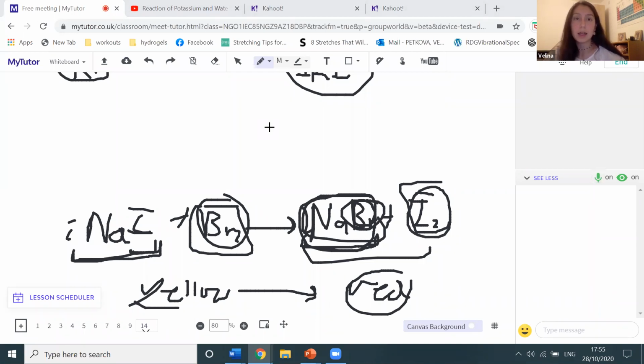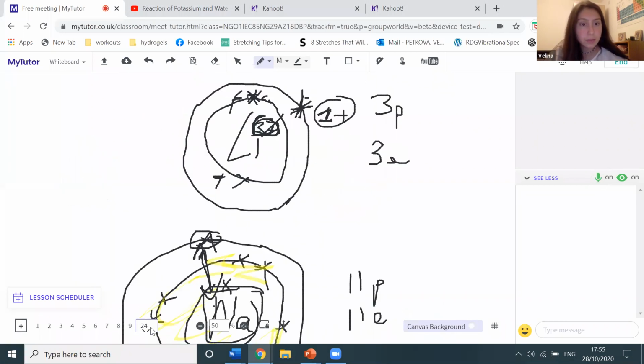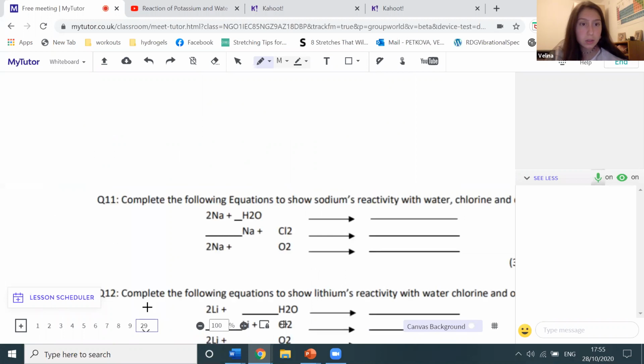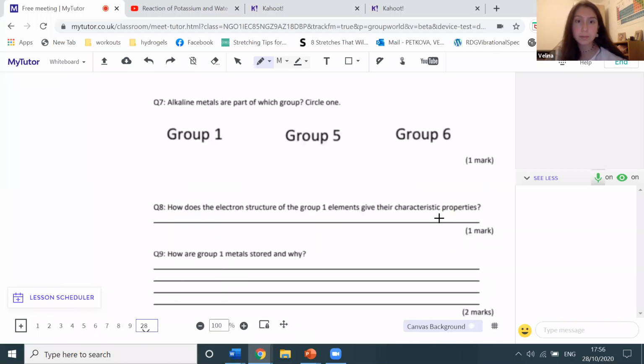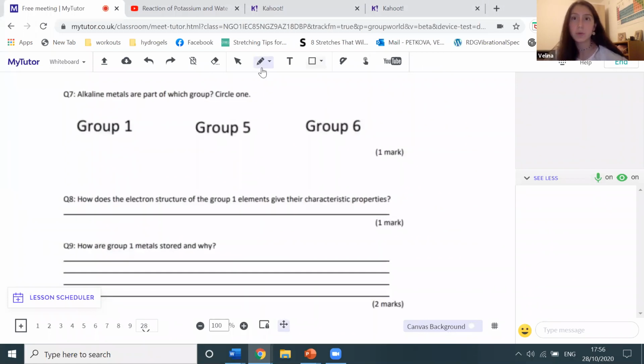Okay, let's go on to the questions then. So which group are alkali metals? If you want to put that in the chat. Brilliant. Group 1.